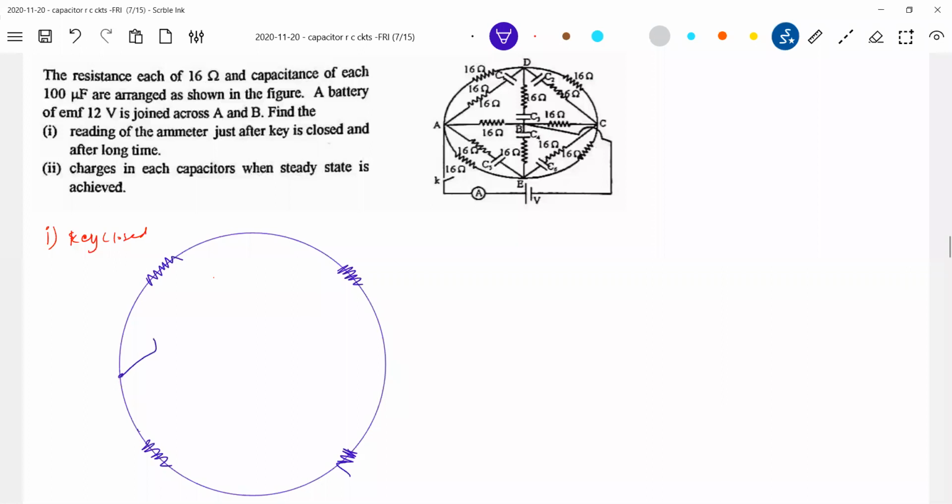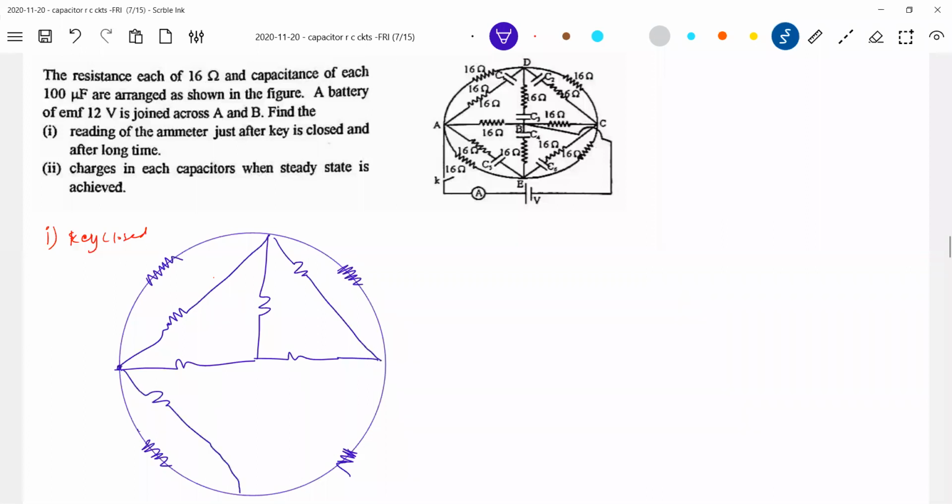Then from here, it's a good problem to remind you, capacitors should be shorted.